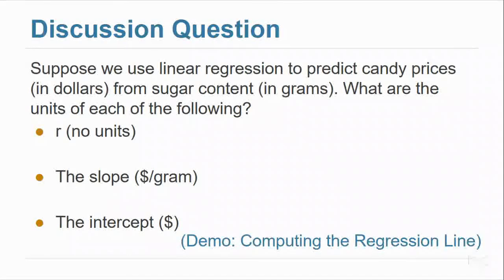The slope is the y coordinates' units divided by the x coordinates' units, right? And in this case, the units of the slope are dollars per gram. And the intercept's units are the y coordinates' units, and in this case, that's dollars.